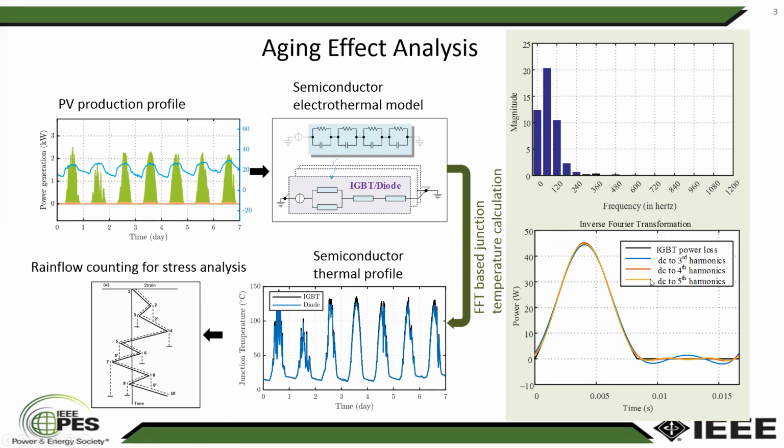It shows that using the DC to fourth harmonics is already good enough to capture almost all the characteristics of this waveform. So after we calculate the semiconductor junction temperature, we can use rainflow counting. And this is a typical algorithm for stress analysis to find the thermal stress for the semiconductors.